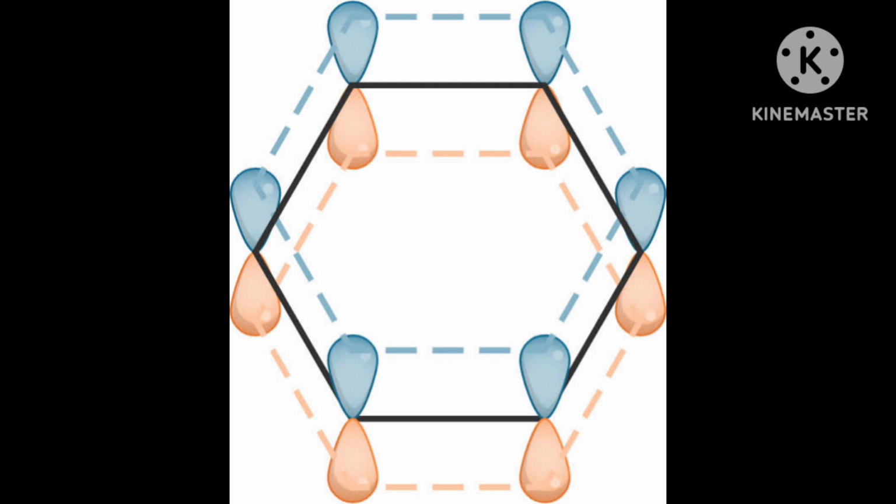Now on each carbon one unhybridized orbital is there. Already I have told you during ethylene and ethyne: in ethene 1 orbital is unhybridized, in ethyne 2 orbitals are remaining.